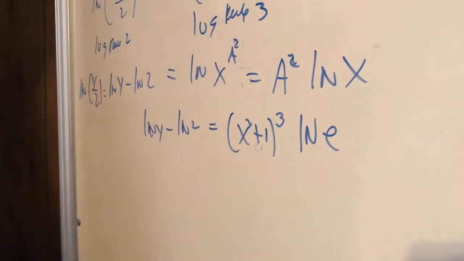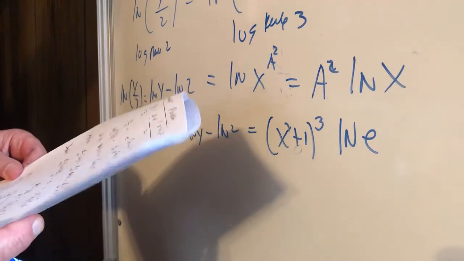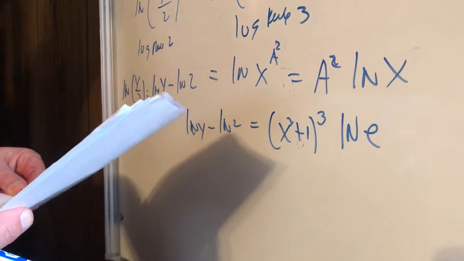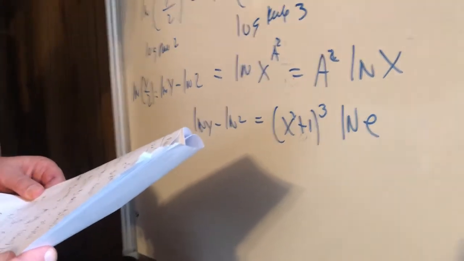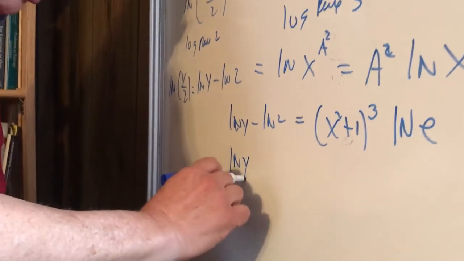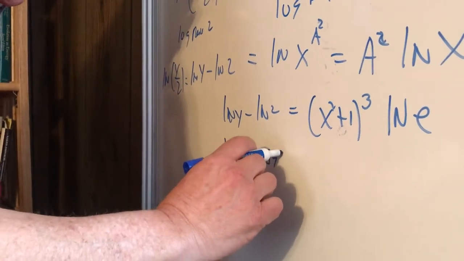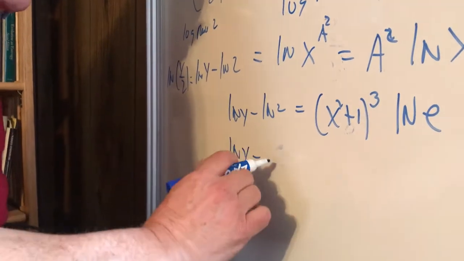Now let's do some cancellation. The natural log of 2 is 0.693. This is the natural log of y minus 0.693. Write it down right.